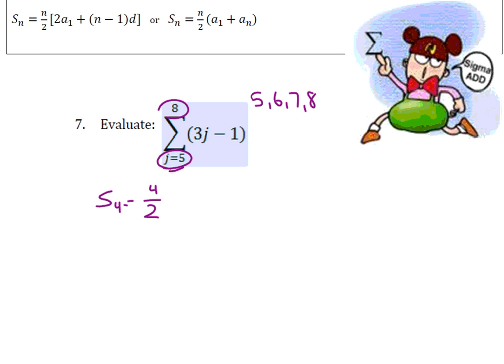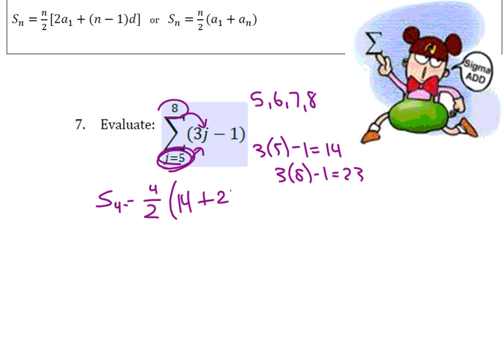Now, if I put 5 in here first, 3 times 5 minus 1 is 14. Now I put 8 in here. 3 times 8 minus 1 will be 23. There's what I'm solving. 14 plus 23 times 2. So my sum there is going to be 74.